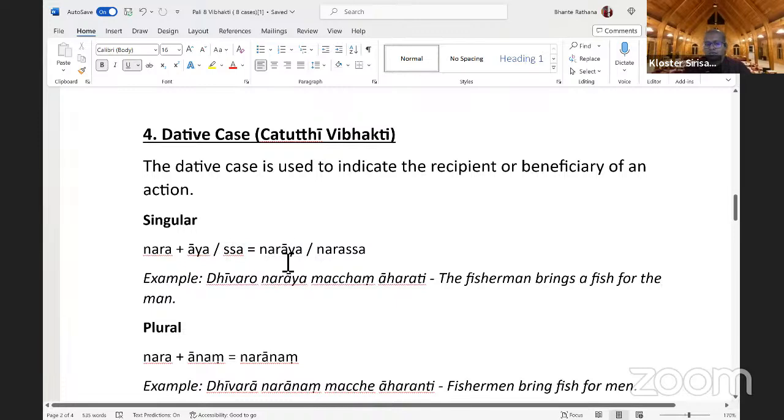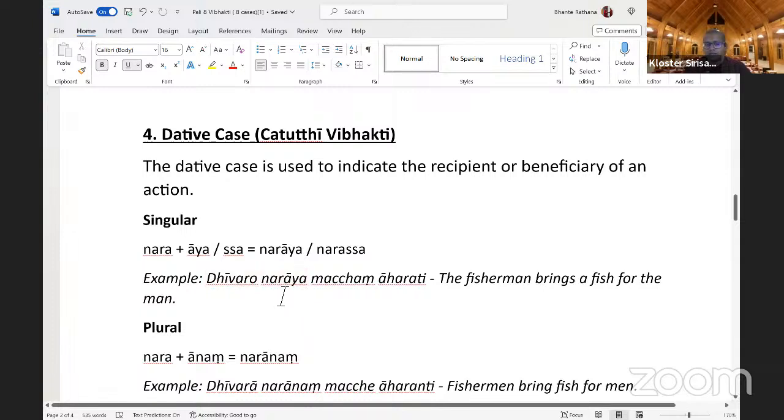There are two words, Naraya and Narassa, with the endings aya or assa. For example: Dhivaro naraya maccham aharati, the fisherman brings a fish for the man.